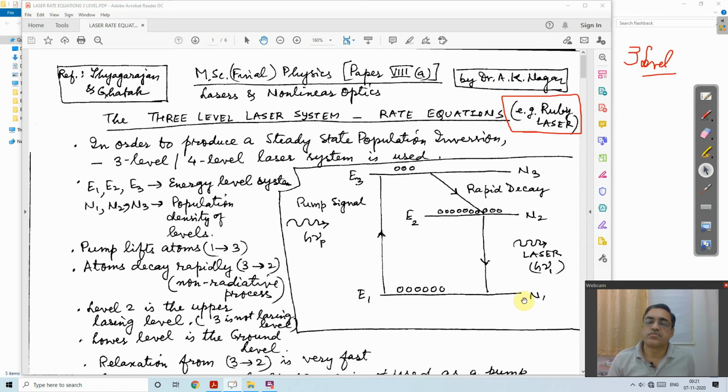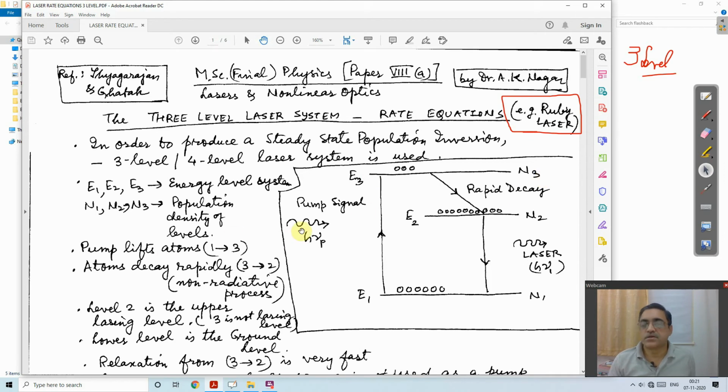E1 is the ground level, and the number density of active atoms here is N1. Then in the metastable level it is N2, and in the excited level, which is usually a continuum of levels, that means a broad level, we have N3, the number density.